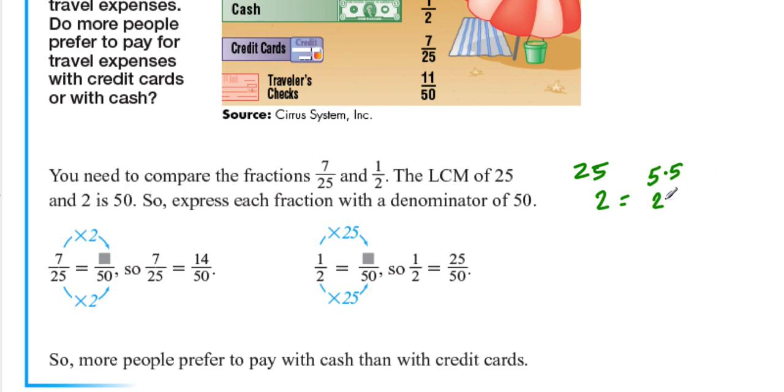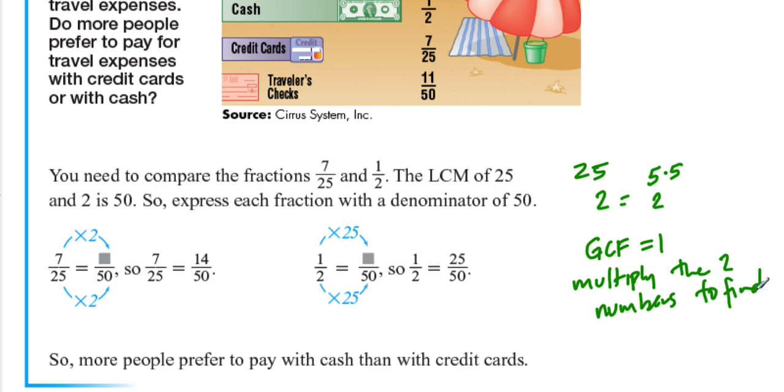If two numbers have a GCF equal to 1, all you need to do is multiply the two numbers to find the LCM. That's another tip which is not in the book.